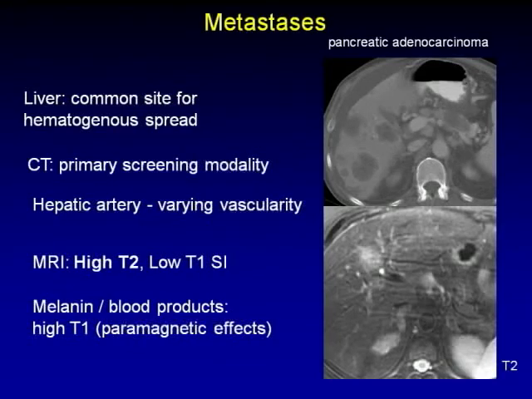So if you have your common tumors like colon and lung and pancreas, what happens is that it has an arterial blood supply, and if you actually look carefully at the arterial phase of enhancement, you will see a complete intact peripheral ring of enhancement. You might catch it, you might not.